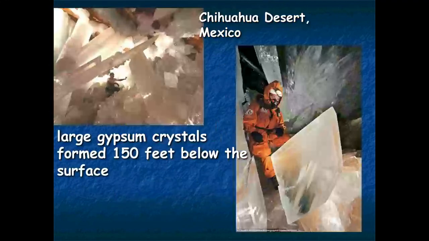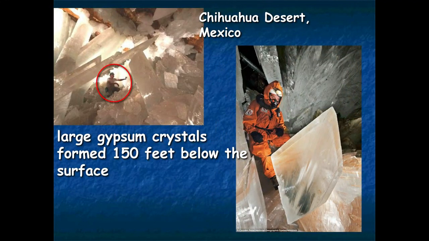This next slide is a really interesting slide. It shows an area in the Chihuahua Desert, Mexico, called Crystal of the Caves. If you were to type in Crystal of the Caves on YouTube, there's a documentary that talks about what's going on in this slide.